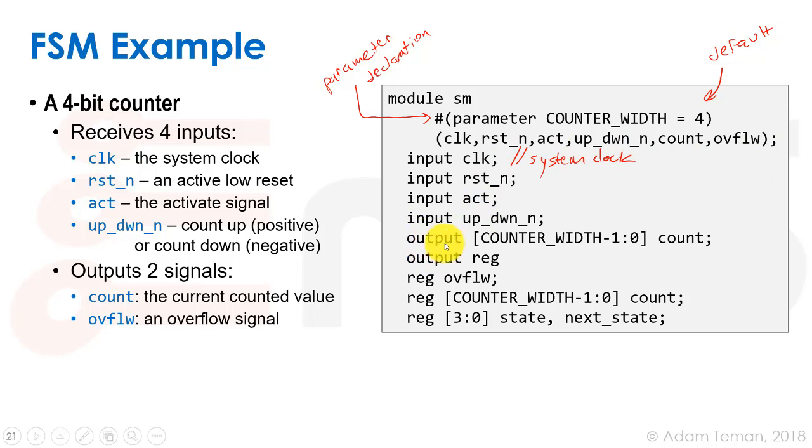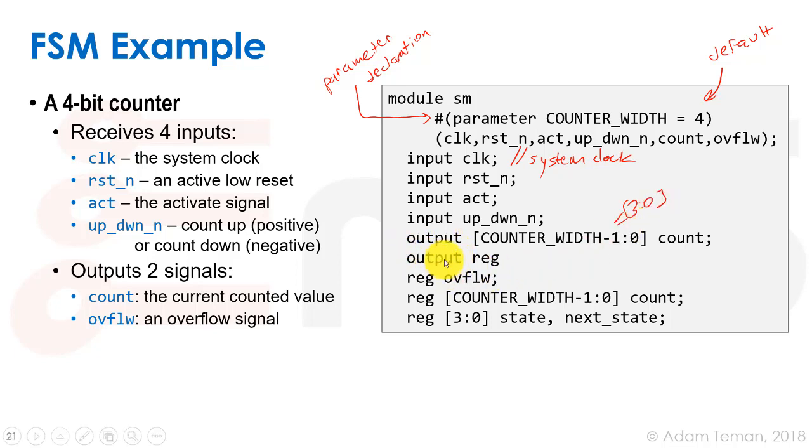Okay, then we have our output. Our output is this count, and the size of the count is parameterizable. So if it's 4 bits, that means we have to have it 3 to 0. So that's counter width minus 1 to 0. That is equal to 3 to 0 in this case. But as I said, we can override that and make it 1,000 to 0, right?